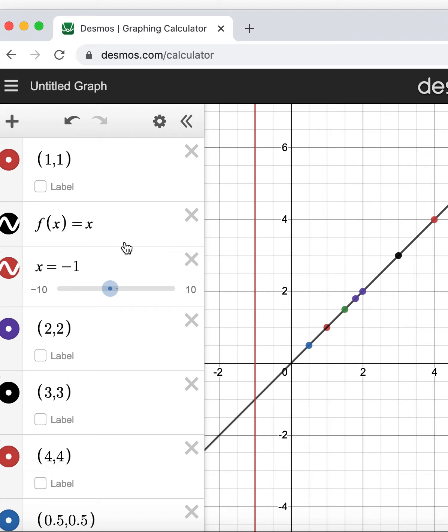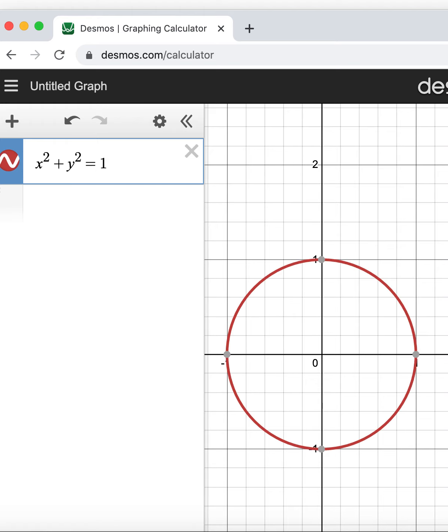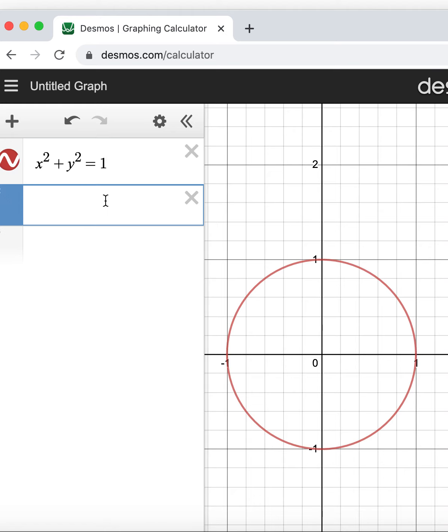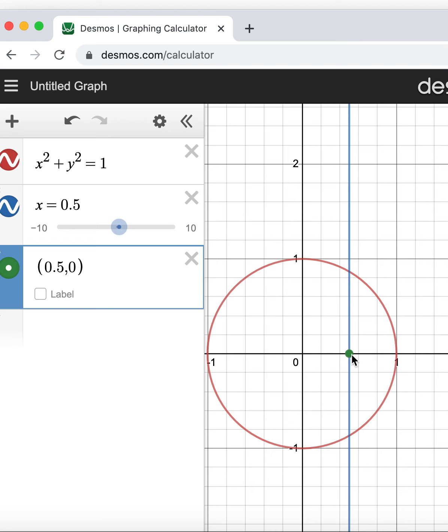Now let's examine a relation that is not a function. I'm going to type in a formula that creates a circle. It's a circle of radius 1. Let's see if it would pass the vertical line test. If I type in, for example, x equals 0.5, if this is our input, then what is our output?